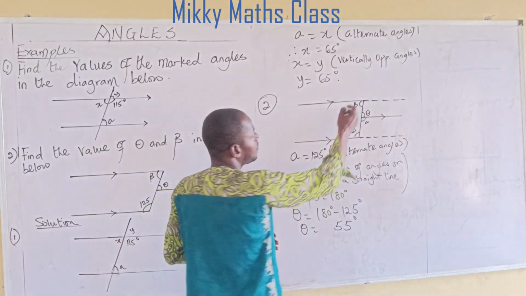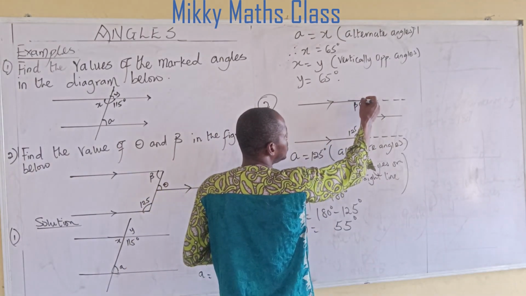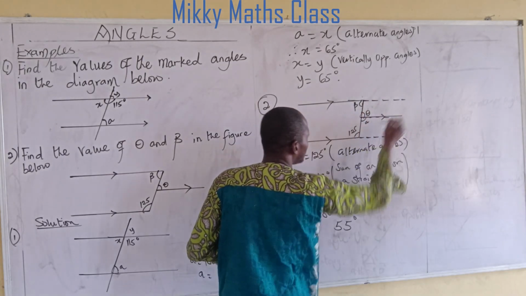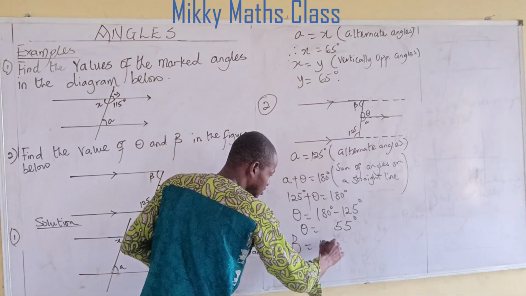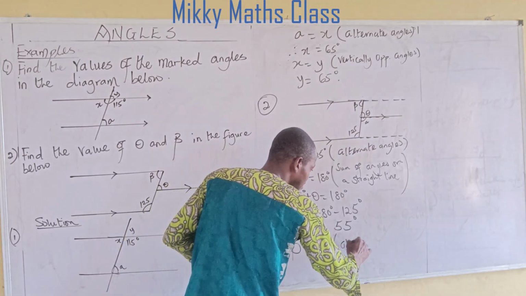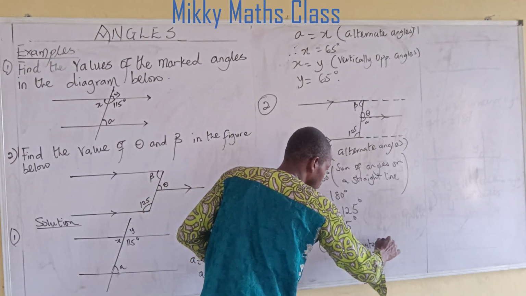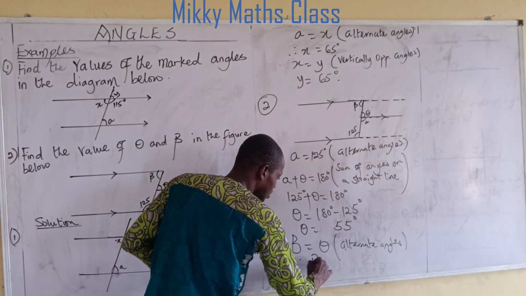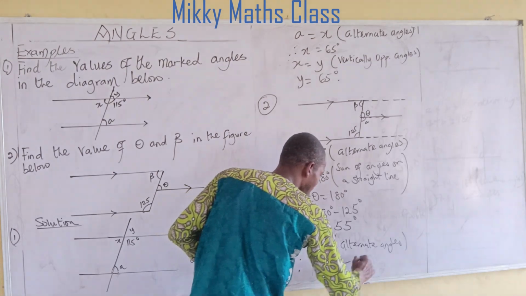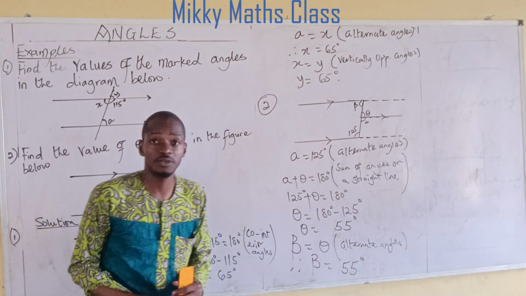Look at it, we can form our Z. This is my Z here. But we know that beta equals theta. Why? Alternate angles. Therefore, my beta is also 55 degrees.